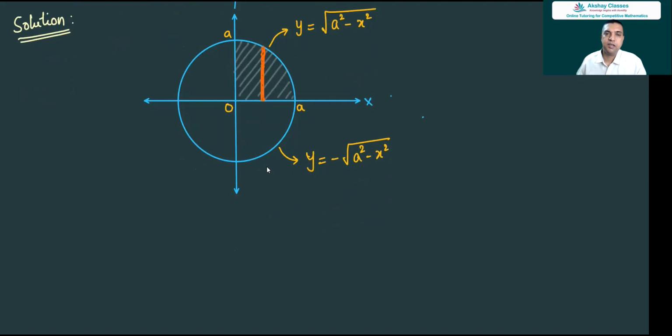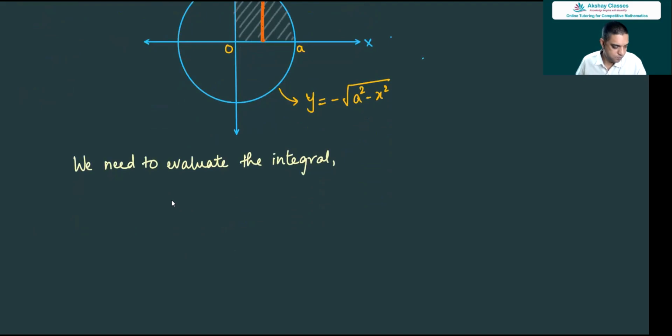So we need to evaluate the integral. x varies from 0 to a, but y varies from 0 to under root a square minus x square.